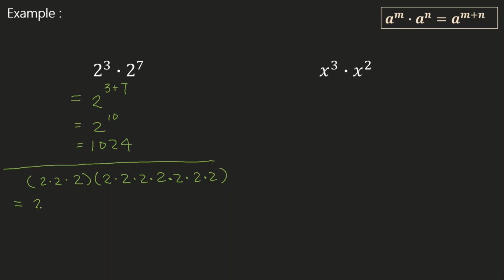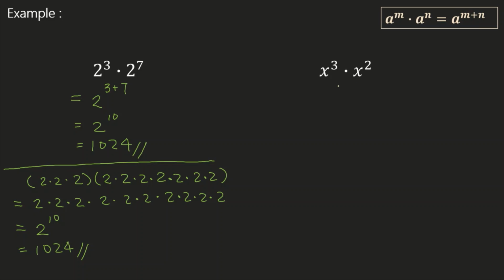What we essentially have is 3 2's followed by 7 2's. If you count all of them together, there are 10 2's here. So that's essentially 2 to the 10th, which is 1024. Okay, so we have the same answer.